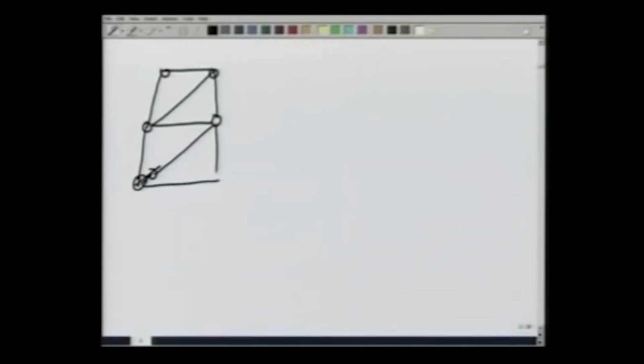So let us look at this truss, which is like this. Sorry, this is up to this point. This is vertical. This is again.